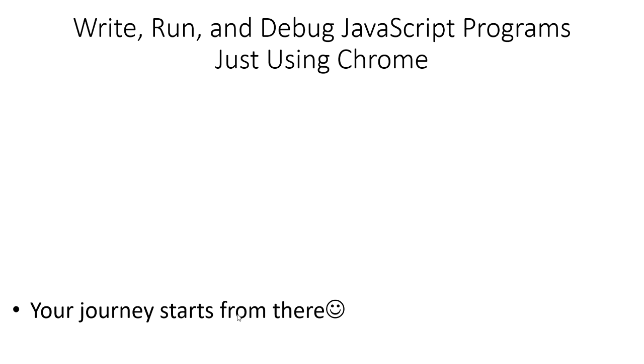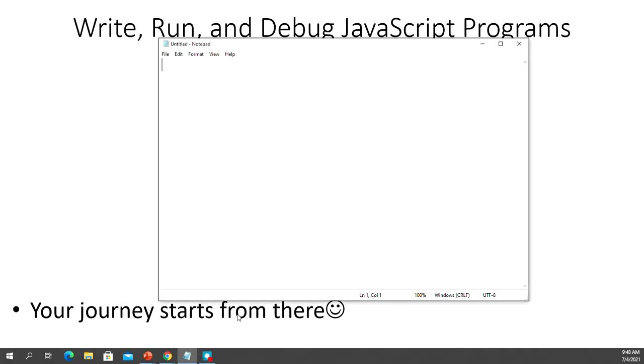So here I have, let's say, a Notepad. I'm going to create two files. The first file, let's say, is index.html. In this file, I just use the body. This is an HTML tag. Just simply saying, okay, welcome.